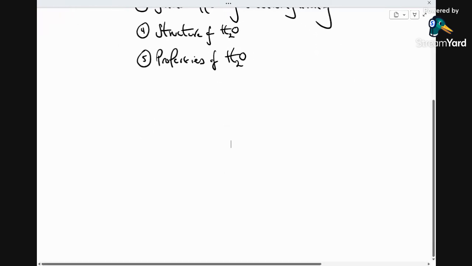So let's look at objective number 1, which is looking at covalent bonding.